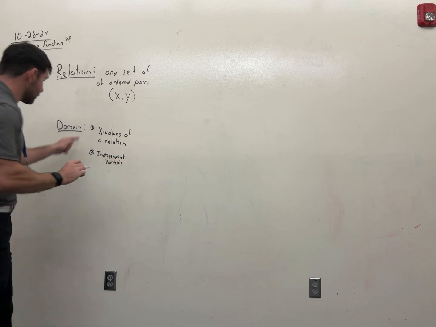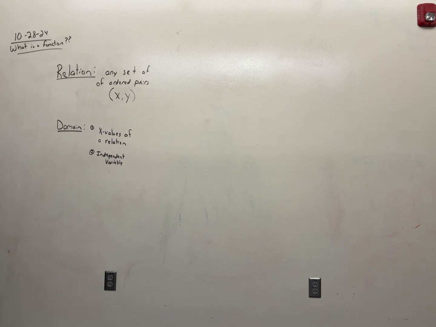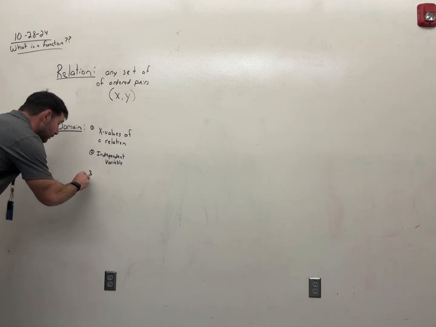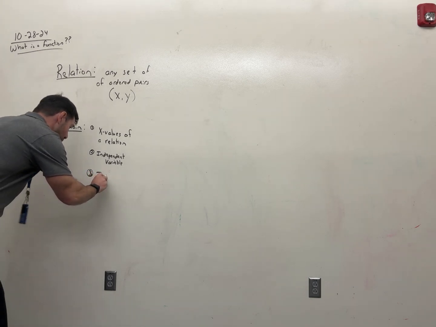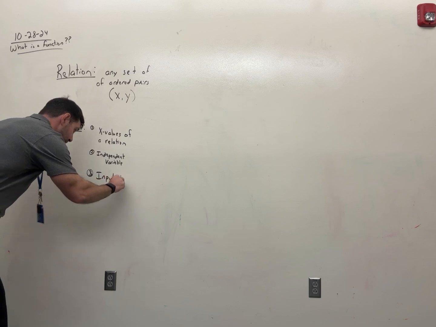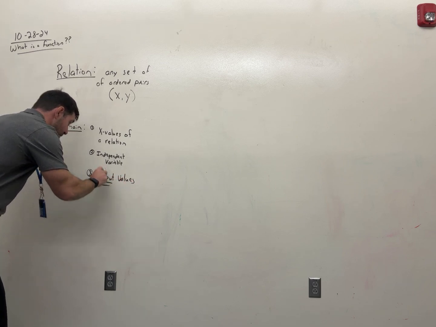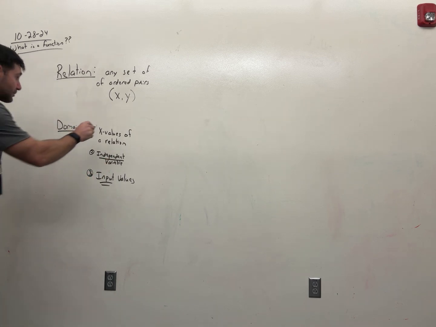The x values are always the independent variables. So if it's like, what are the independents? It's the x values. Okay? Domain is the x values. It's also the independents. Another name for the domain is the input values.